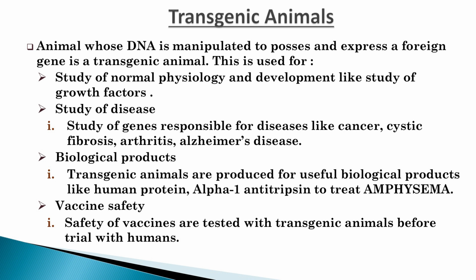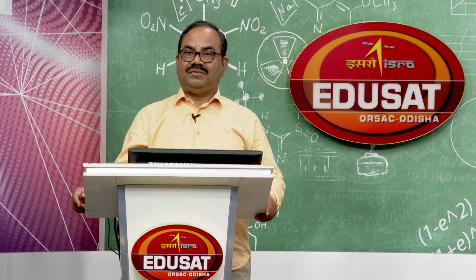These transgenic animals are used for the study of normal physiology and developmental studies like growth factors. You must have seen a very small man or woman around you. They have everything normal excepting they are very small in size, maximum 3 feet in height or even less than that. We commonly call it dwarfism.